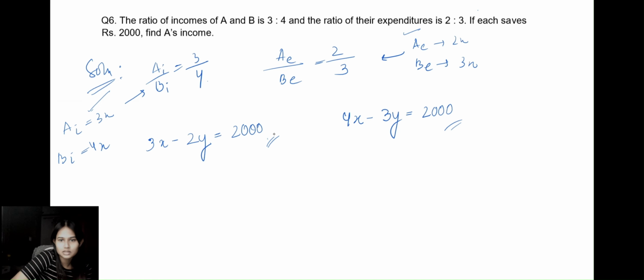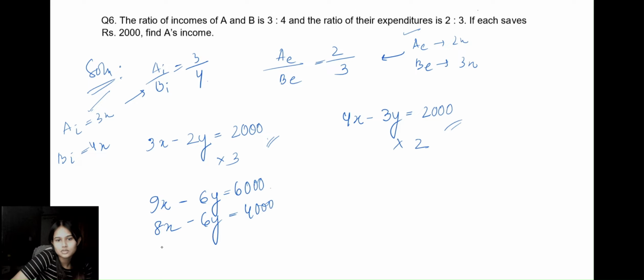Now if we equate this, how will we equate this? We have to multiply this with 3, multiply this with 2. 9x minus 6y equals 6000, and 8x minus 6y equals 4000.